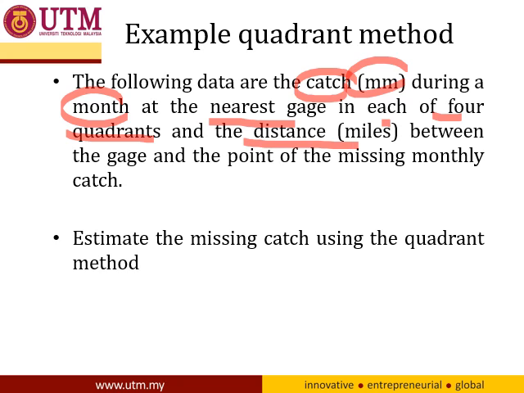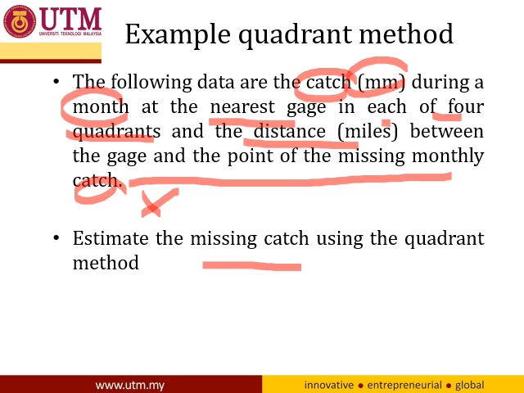They also give the distance between the gauge and the point of the missing monthly catch. Catch is the rainfall at the gauge, and for example we may call this X. So we need to estimate the missing catch, or missing rainfall depth, at X using the quadrant method.